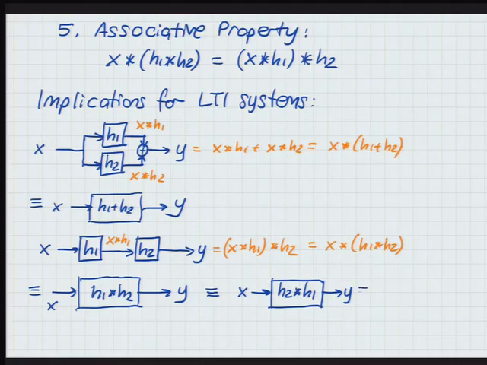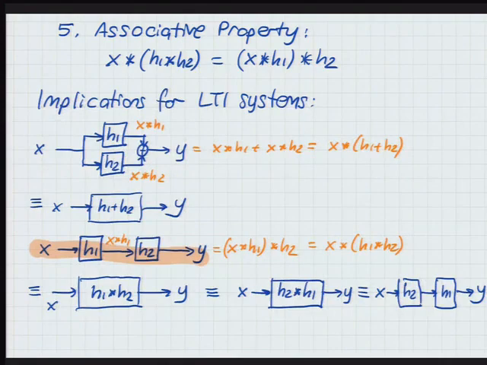So I can say that this is the same as x star h2 star h1. You agree? So what that means is that if I take two LTI systems, connect them in series, and then I change my mind and swap the order, nothing changes. You get the same behavior. So you can swap LTI systems in a series interconnection, and nothing changes.